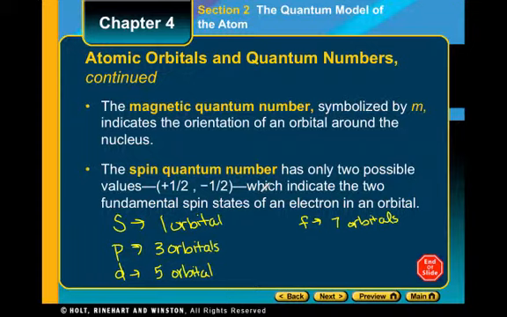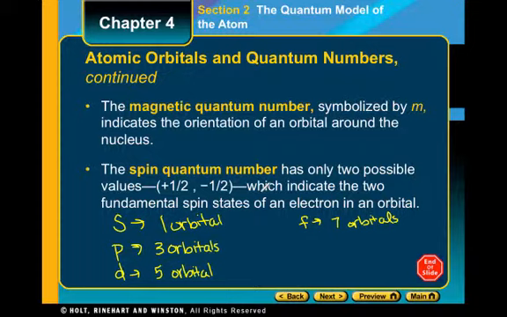But you can have 2 electrons in this orbital. You can have 2 electrons in this orbital. You can have 2 electrons in this one, and this one. So we have 3 orbitals within the p sublevel. And the p sublevel, how many total electrons are possible? 2 here, 2 here, 2 here.